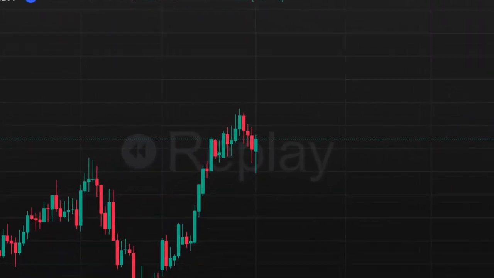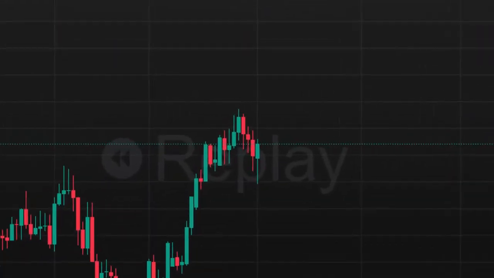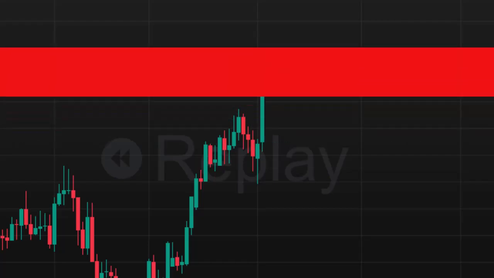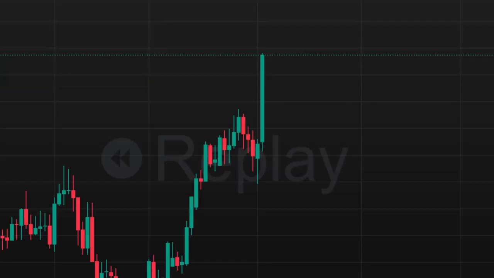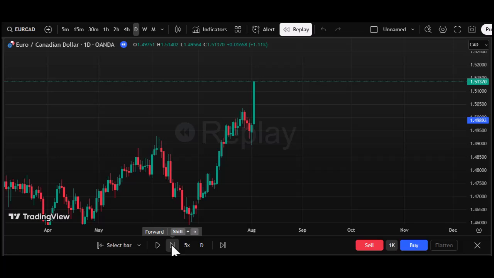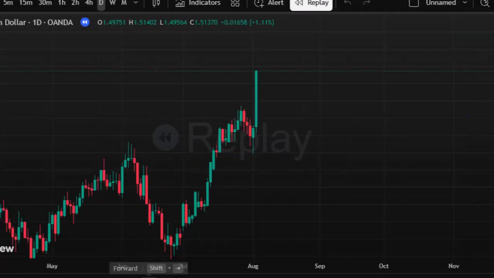favor. A liquidity grab occurs when large market players push prices to trigger clusters of stop loss orders, creating the liquidity they need to execute substantial trades.